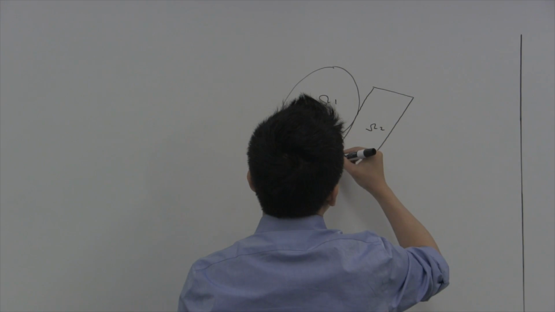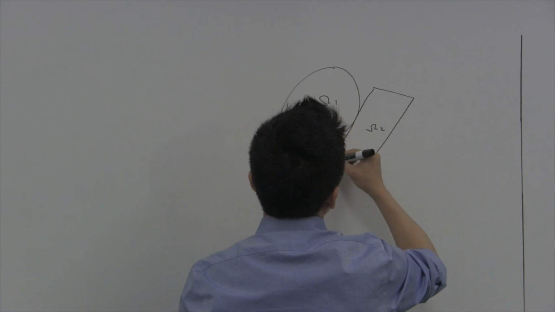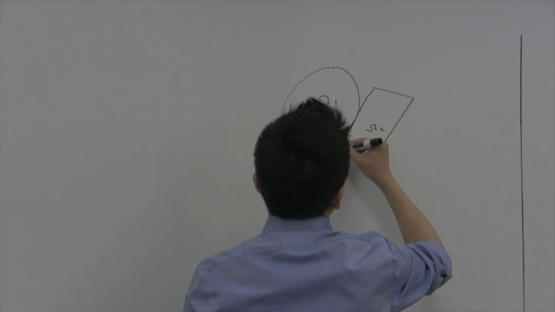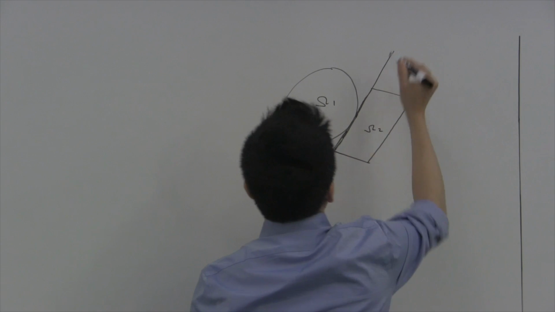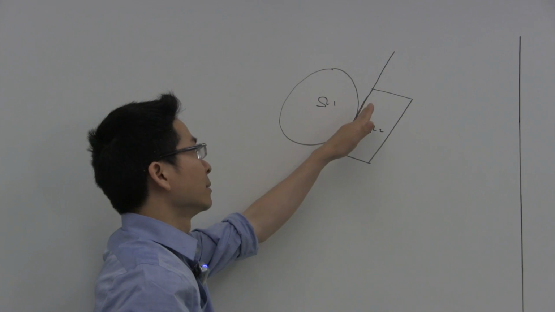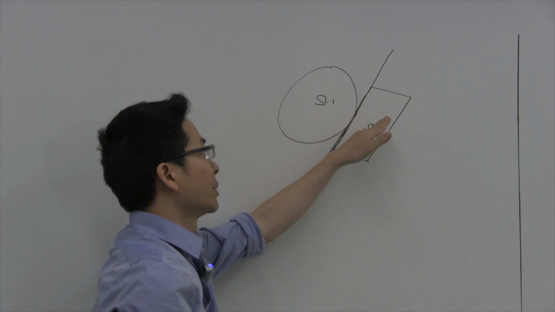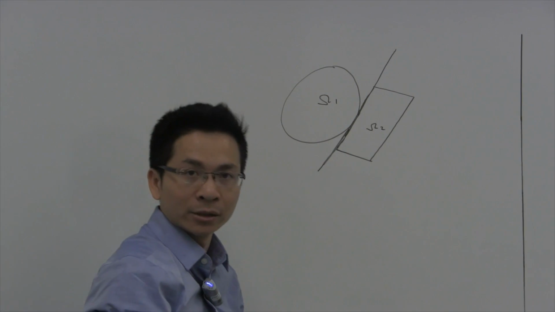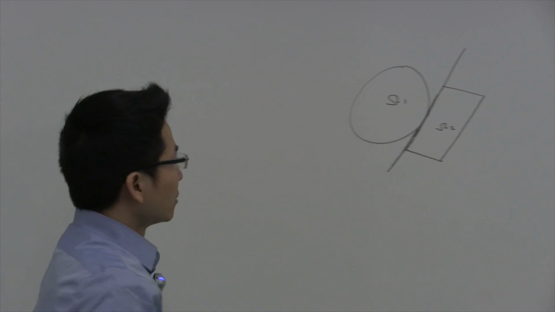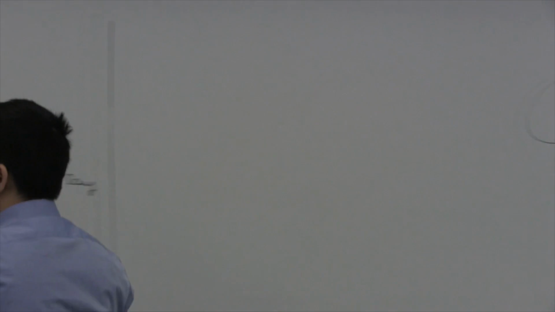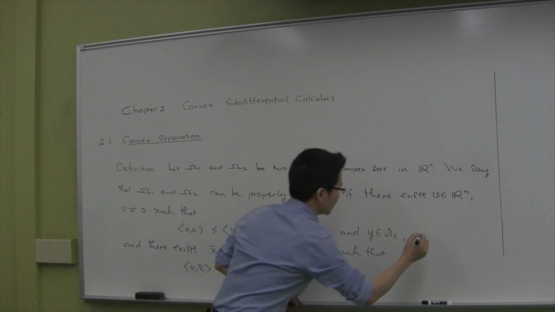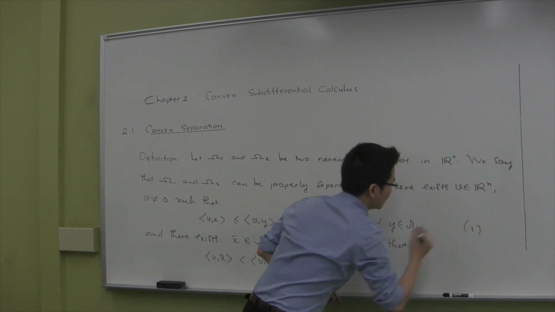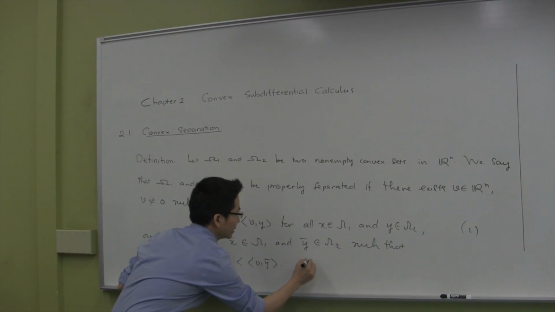So if we look at the hyperplane defined by V, we look at this hyperplane, then this hyperplane properly separates omega 1 and omega 2. Okay? So note that the first property, so I denote this property by 1 and this property by 2.